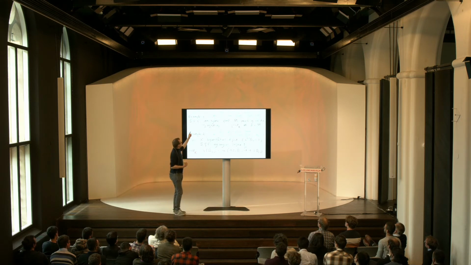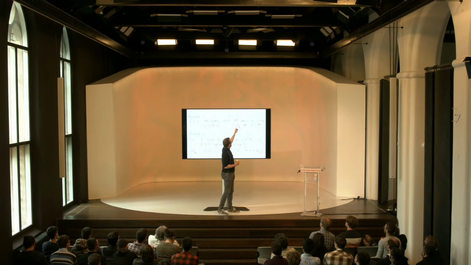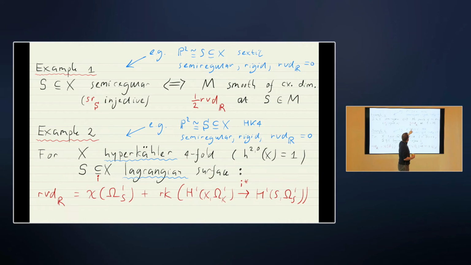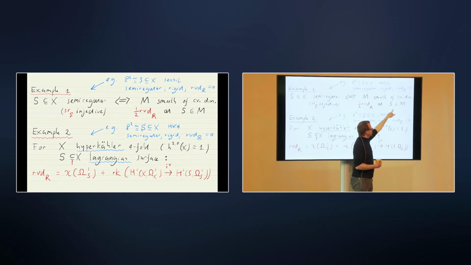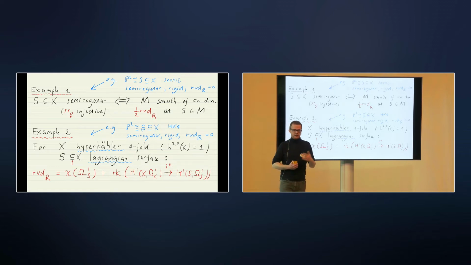A point in the moduli space, a surface, is semi-regular if and only if the moduli space is smooth of complex dimension half of this real virtual dimension at the point. So what this is saying is that if you're looking at the semi-regular locus of your moduli space, there this reduced virtual class is just the fundamental class. So it behaves well at those points.